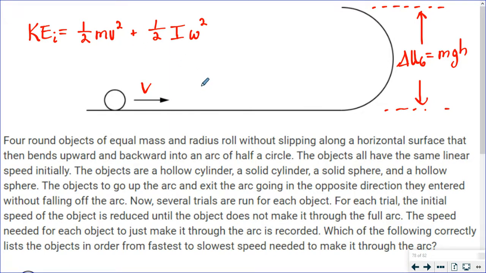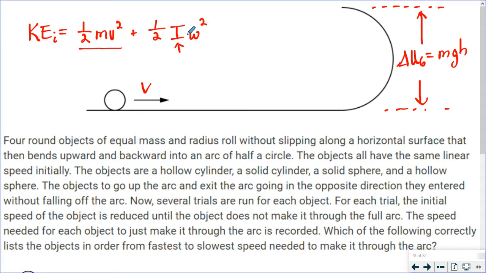The best way to think about it is this. We want to know which of the following goes from fastest to slowest speed to make it through the arc. So we want to list which one we need to shoot the fastest, and which one we need to shoot the slowest. Well, if I increase that velocity, I need to have a large velocity. This term needs to be large for all of the objects that have a small rotational inertia.